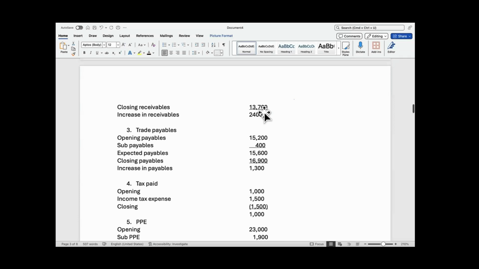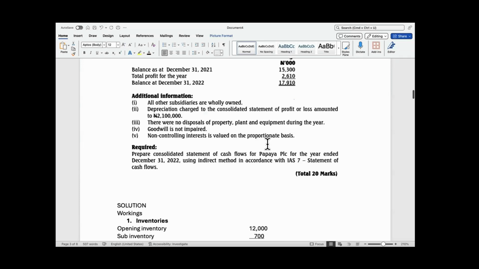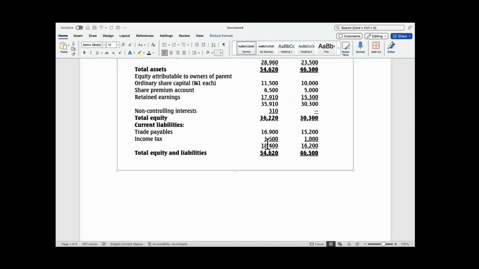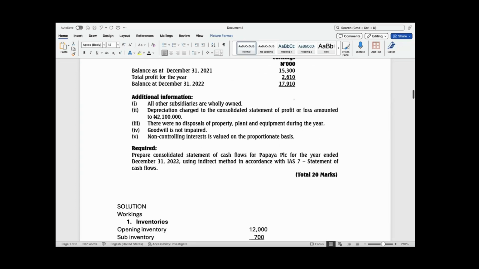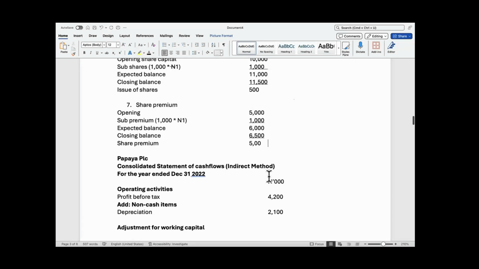But if you recalculate it, they told us that they use the proportionate method. NCI has 10% of the net asset acquired. How much was the net asset acquired? 26. So what's 10% of 26? 260.